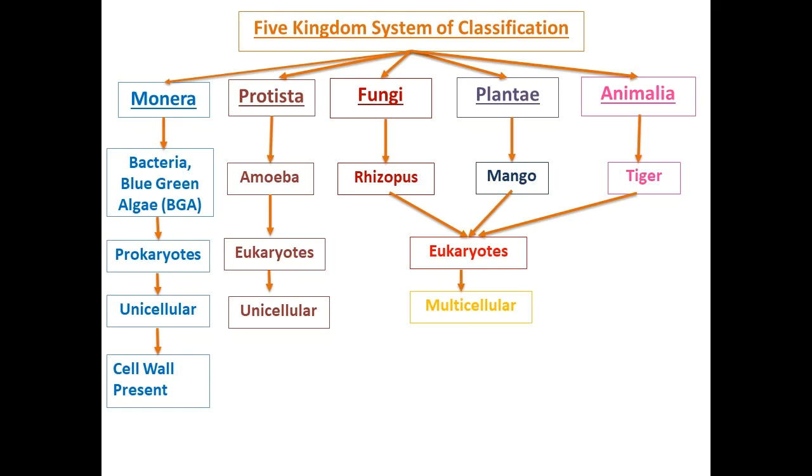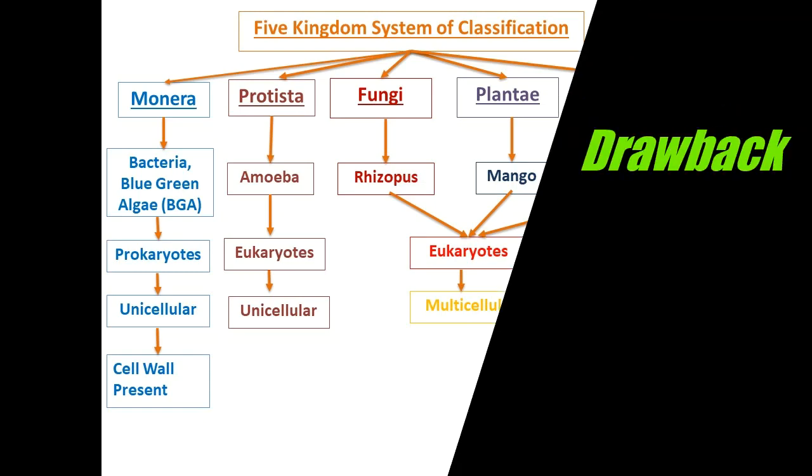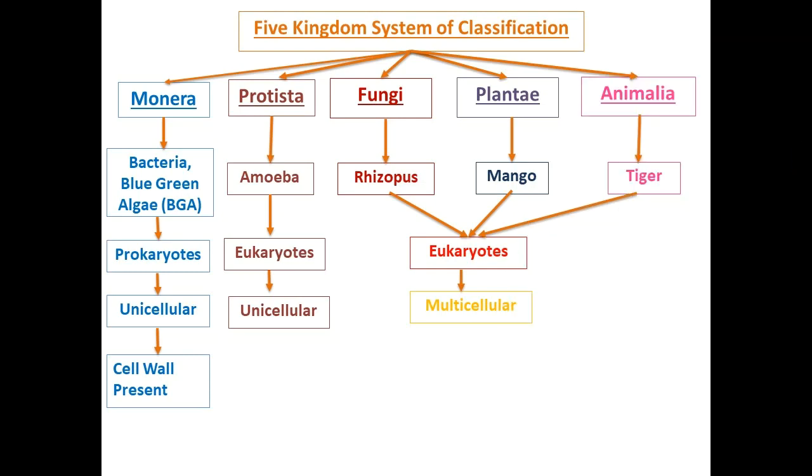It's not cellulose. In this discussion we are covering the drawbacks and the advantages. That is very important, 2 or 3 marks for this topic also. So kingdom Monera has a cell wall, but it is not of cellulose. Next is kingdom Protista. In kingdom Protista, the cell wall is not present in all the organisms. In certain examples the cell wall is present, in certain it is absent.